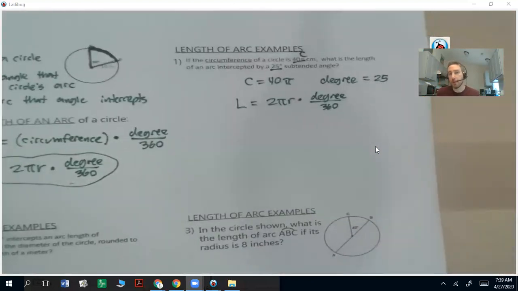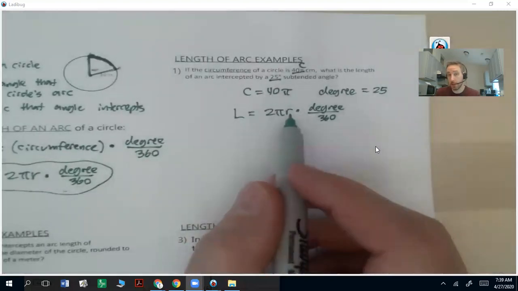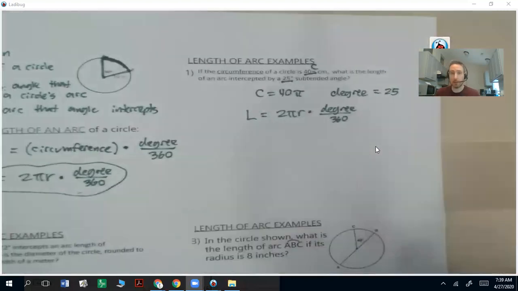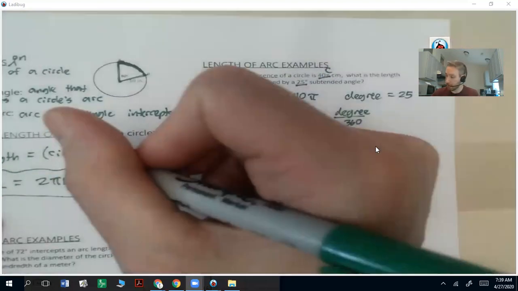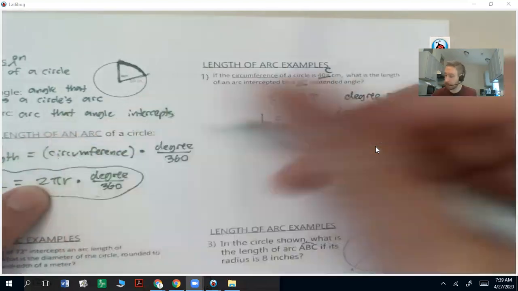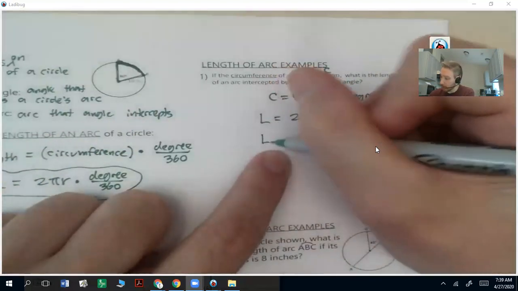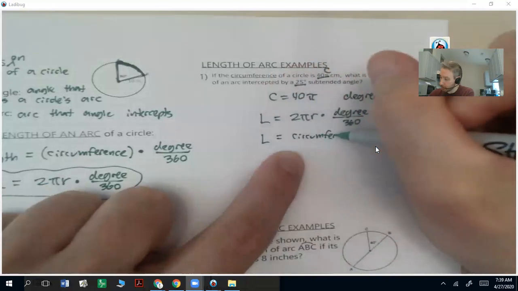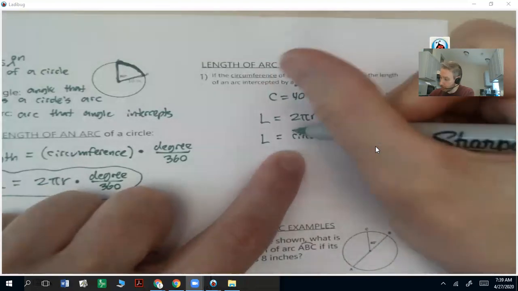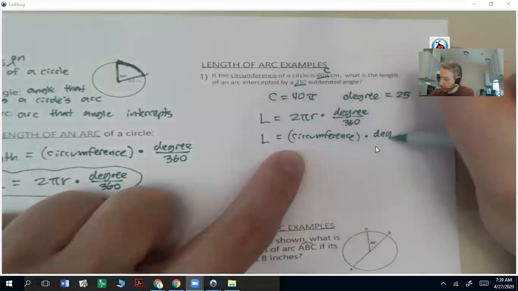Now in this problem, they give you the degree, they give you the circumference, not the radius. So in my opinion, it would be easier just to plug the 40 pi right in for circumference and bypass the 2 pi r portion. So I would just say circumference times degree over 360.